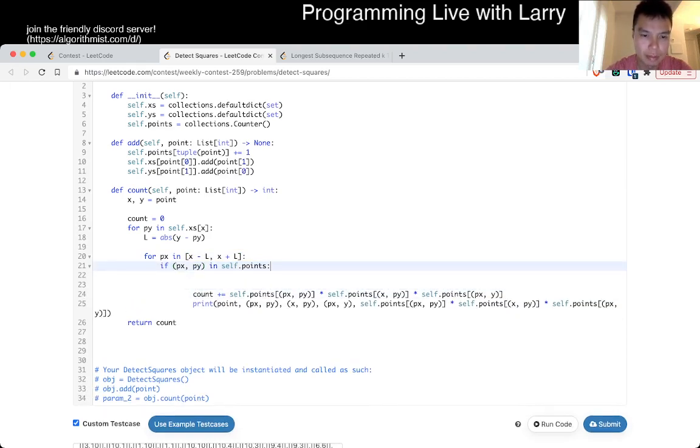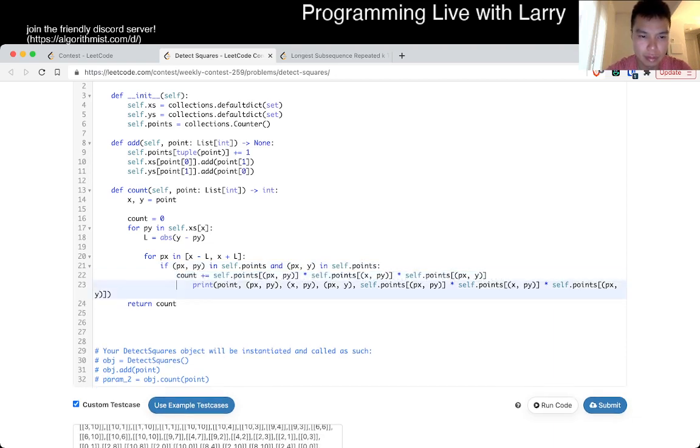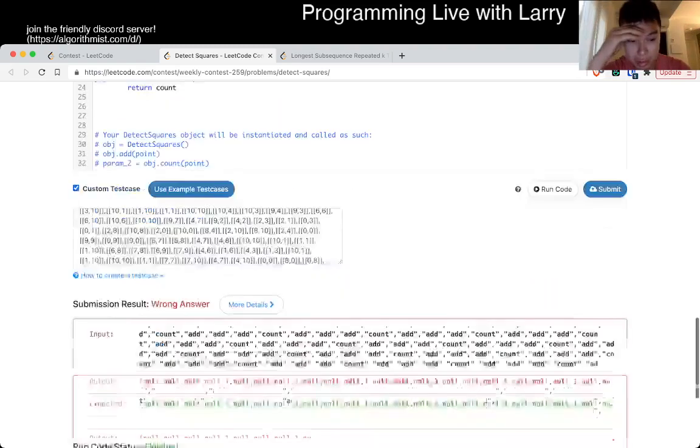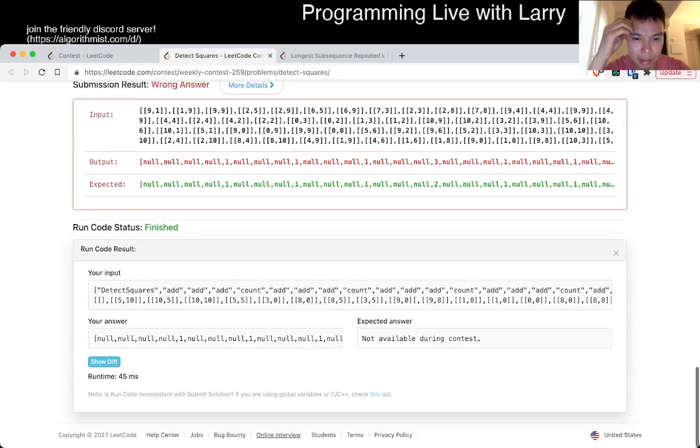If, and let's see, so the other point is x y is in, xpy is in, yeah. That means that pxy needs to be in. Let's see. This is a mess because I'm having trouble resetting from my previous thing.